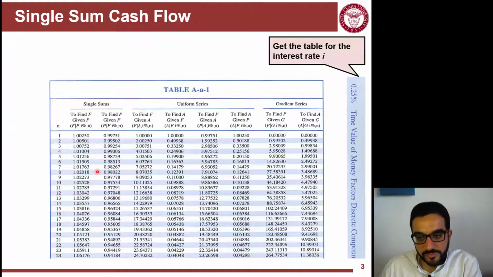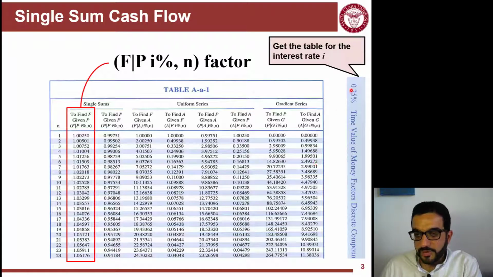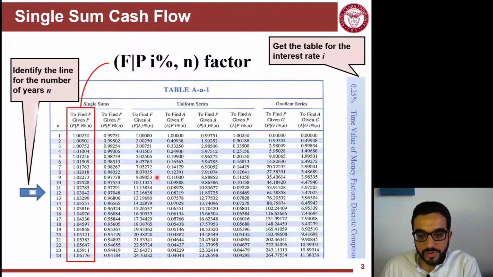So I have here the F given P, P given F. All of these factors, we'll cover them and go over them in the next videos. But the one we're dealing with right now is F given P. So F given P factors is one of the columns. Pages are defined by the interest rate. And now the rows are defined by the n. So now F given P, a column, i is the page, n is the row. And then you will pick a value for this factor.